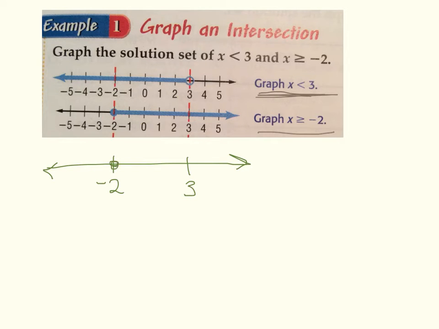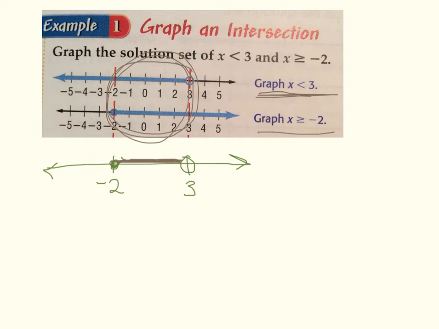So I would go ahead and put my closed circle at -2, I would have an open circle at 3, and then I would shade everything that is in between those. Okay, so my shading would be everything here in between -2 and 3, because that's the place on the graph where they're both true. That's the intersection, the place where the two graphs overlap.